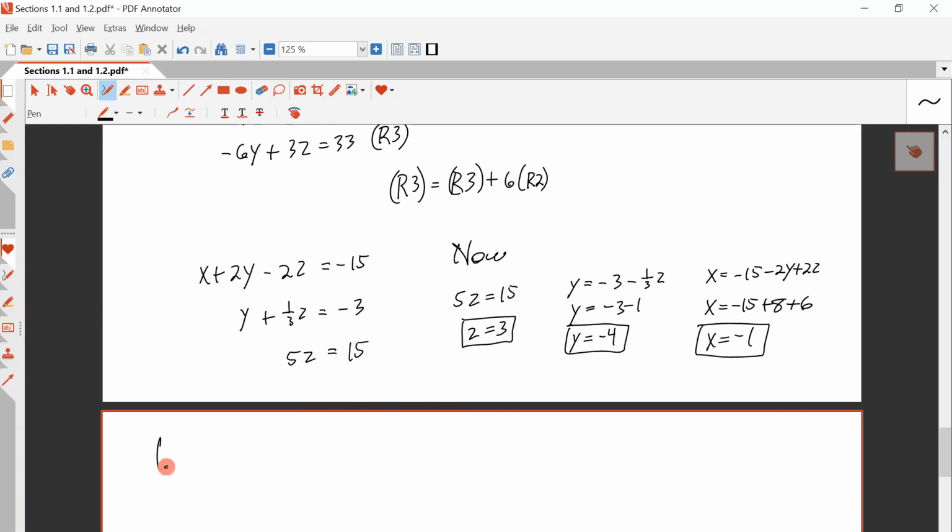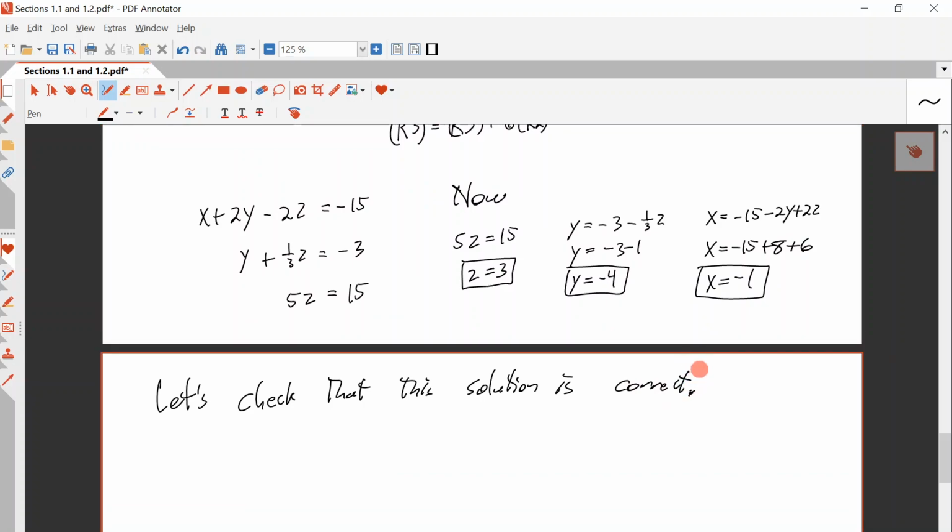Now you can check that this solution is correct by plugging into all three of the original equations.